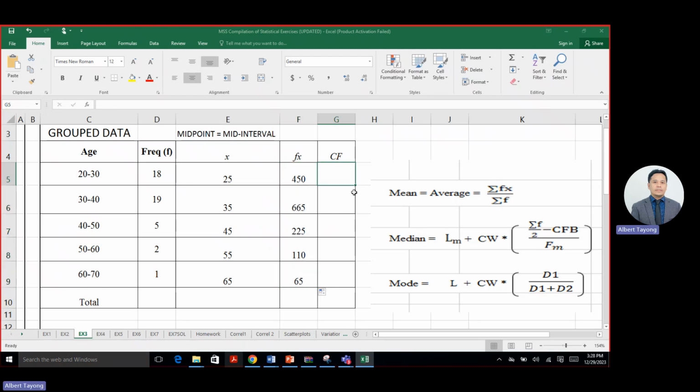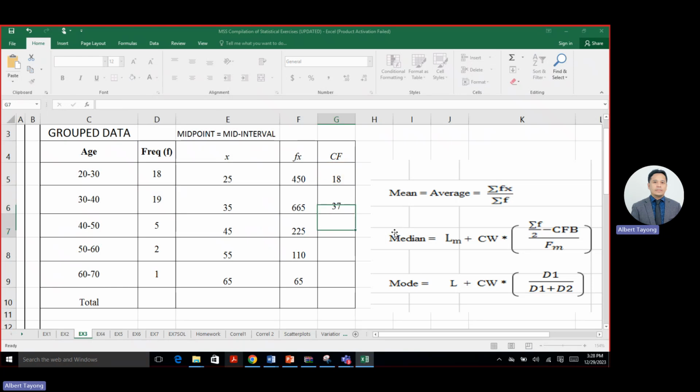And for the CF, this is cumulative frequency. The first CF is actually equal to the first frequency, always. Our first frequency is 18, so equals, select 18. And the second one is equal to the left, this is the left, 19, plus the first CF.